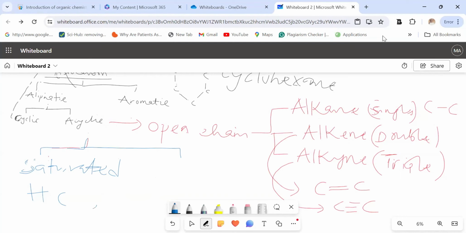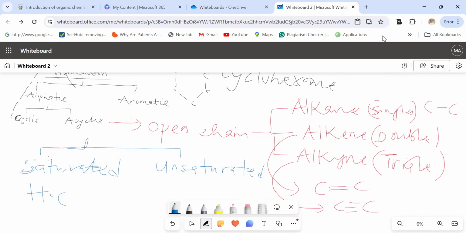So we are now saying that we have saturated hydrocarbon and we have unsaturated hydrocarbon. So what is the difference between saturated and unsaturated hydrocarbon? Saturated hydrocarbons are those compounds that don't have deficiency of any hydrogen.